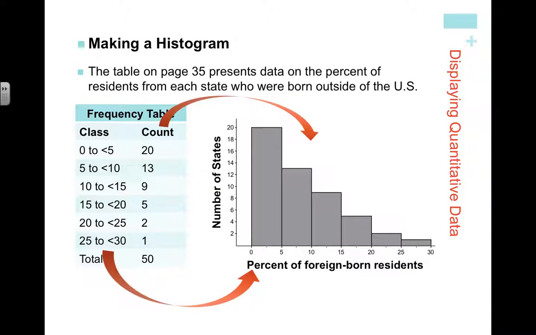So histograms can be trickier than you think. When we're creating histograms, we do want to be very careful of a few things.